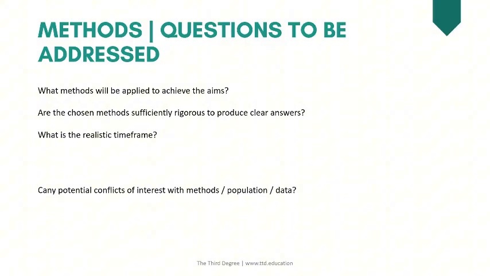So in terms of methods, what do I want addressed? What methods will be applied to achieve the aims? Are the chosen methods sufficiently rigorous to produce clear answers? A research grant, unless they're looking at extremely innovative practices, say, for example, AI, is going to want more than a pilot study.